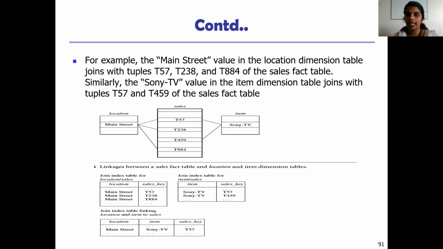For each record ID, the bit representing that particular value will be set to 1 and the other values will be set to 0. In case of join index, we try to join the dimension table and the fact table. We relate the dimension table and fact table, and based on the join operation obtained, you can combine multiple dimension tables as well.